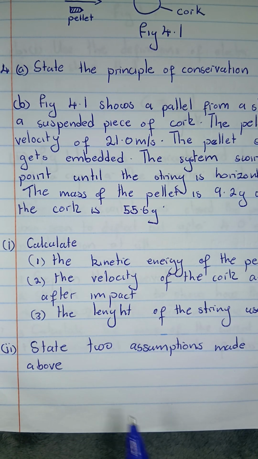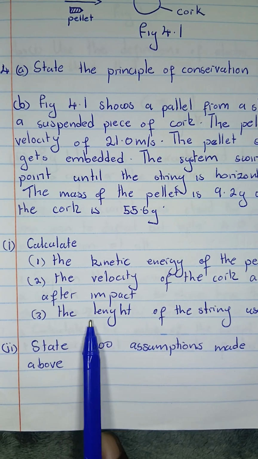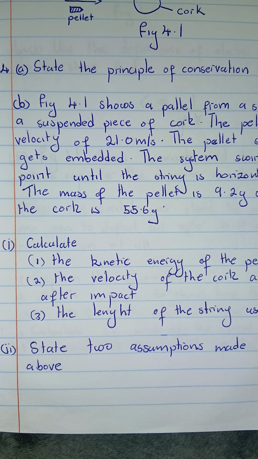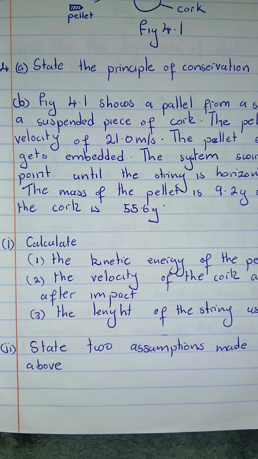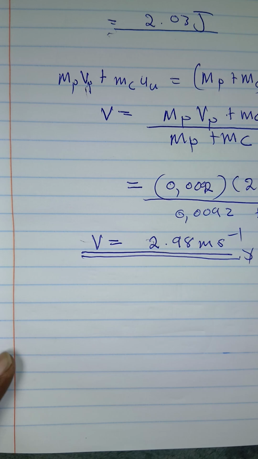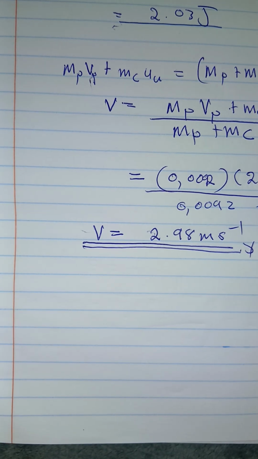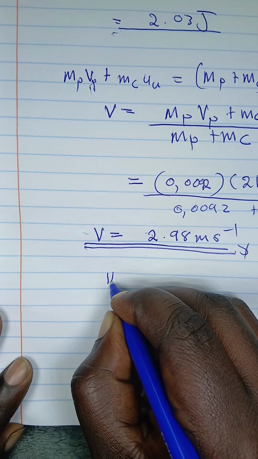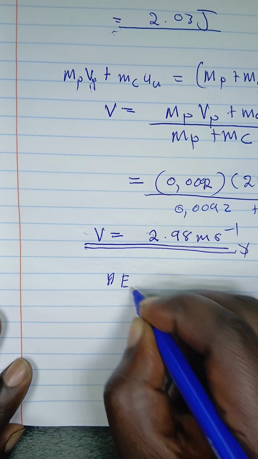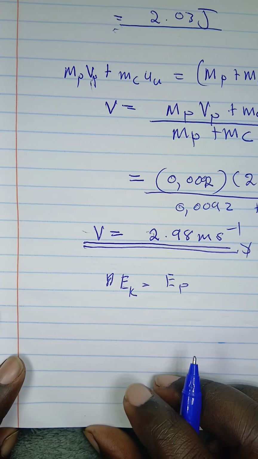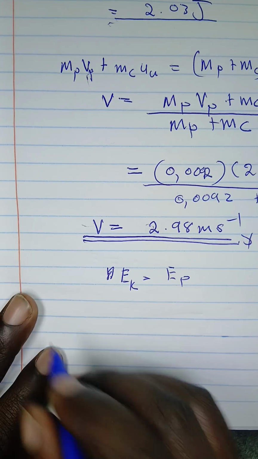Let's move on. The length of the string used. So we want to find the length of the string that we used. Here we are going to assume that EK is equal to EP.